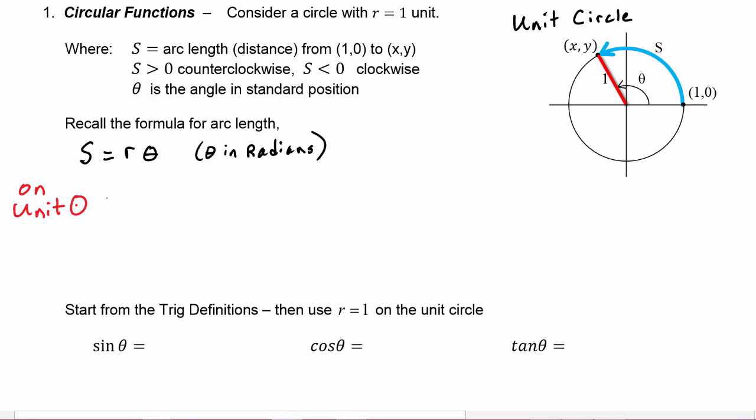So this equation becomes S is equal to 1 times theta, and 1 times theta is just theta, so S is equal to theta. And this is only on the unit circle.